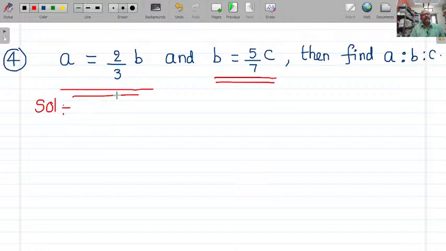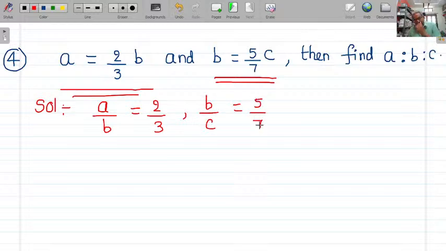We know that A by B is equal to 2 by 3. Am I correct? In the similar manner, B by C is equal to 5 by 7. As per the concept of ratio, A by B is nothing but A is to B. That implies that indirectly A is to B is given as 2 is to 3.